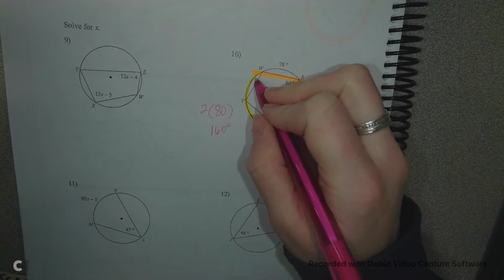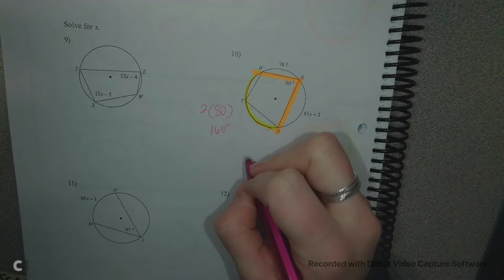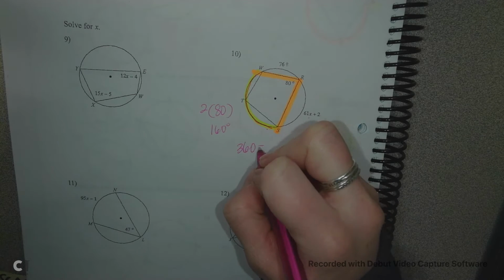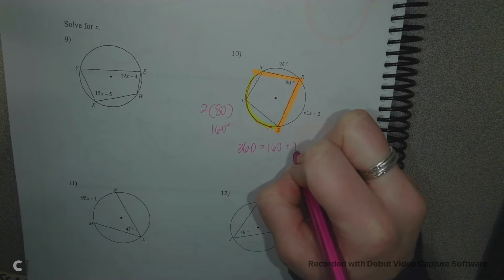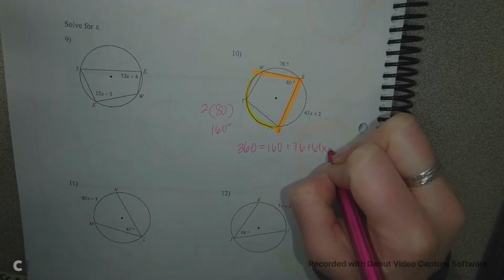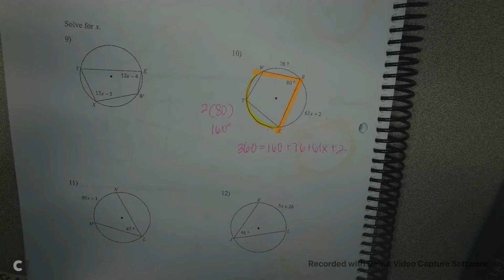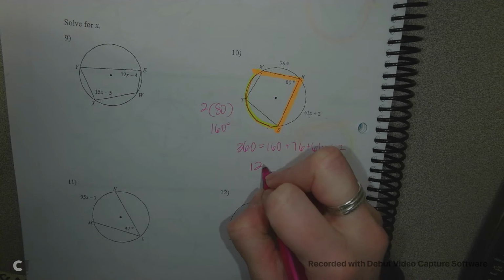And then I know that this arc plus this arc plus this arc equals 360 degrees. So 360 is equal to 160 and 76 and 61x and 2. So 360 minus 160 minus 76 minus 2 is 122.